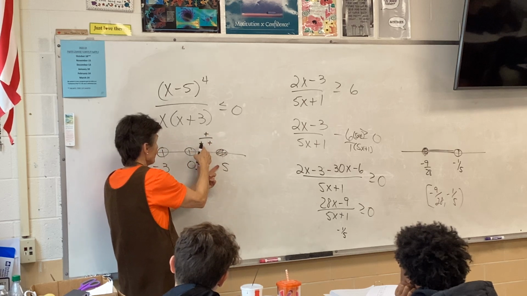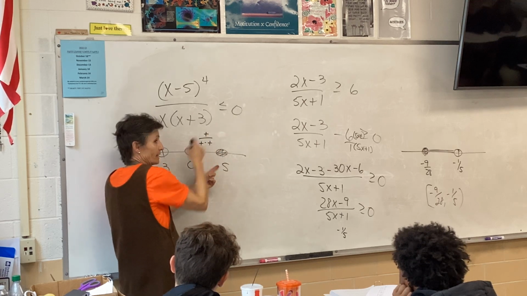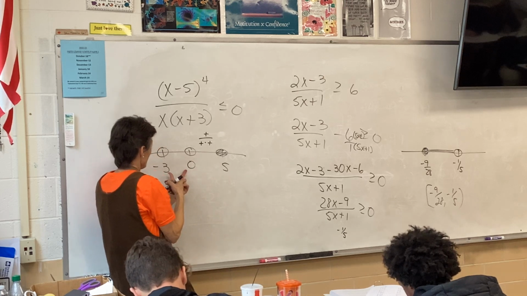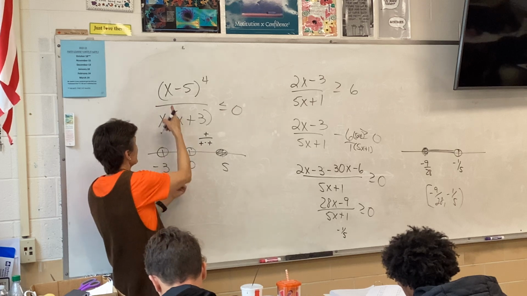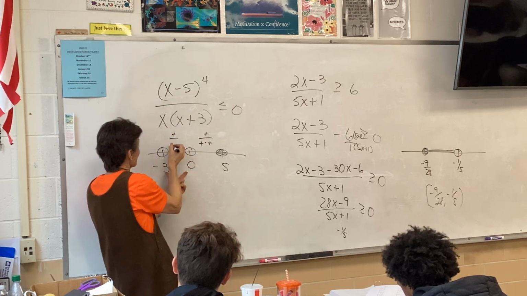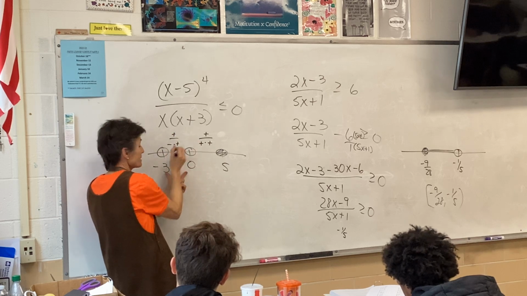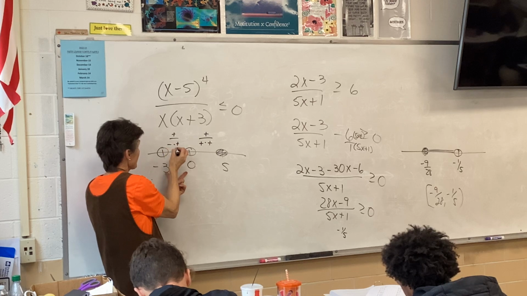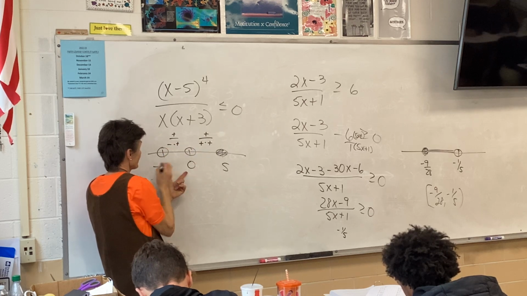So is positive over positive times positive less than 0? No. Okay, so I'm not shading that part. All right, let's try -1. -1 will make the top positive. It'll make that negative and that positive. Positive over negative times positive, does that work? Yeah. Okay.